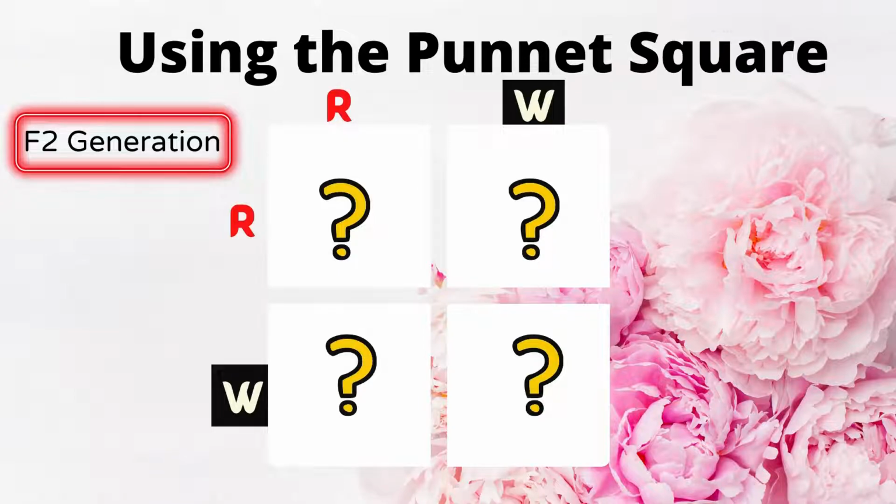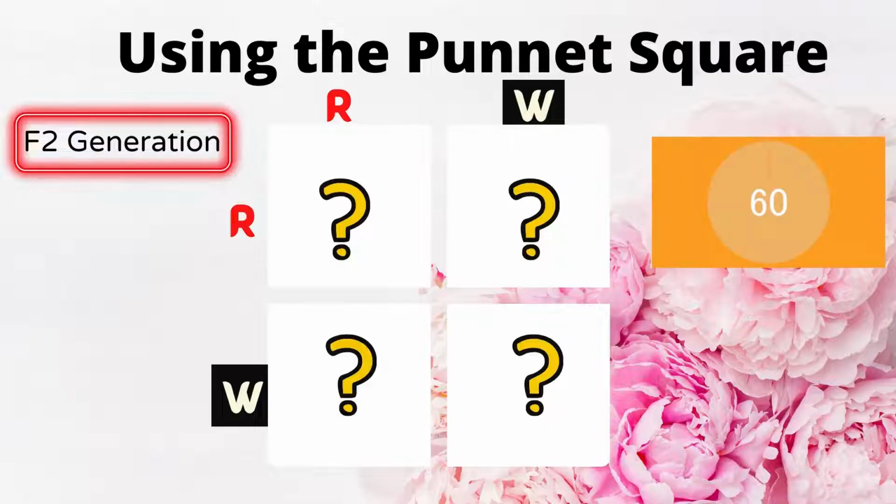Now it's your turn to answer the F2 generation if we are going to cross-pollinate the parent from F1 generation, which are pink flowers. I will be giving you 1 minute or 60 seconds to solve this. Timer starts now.